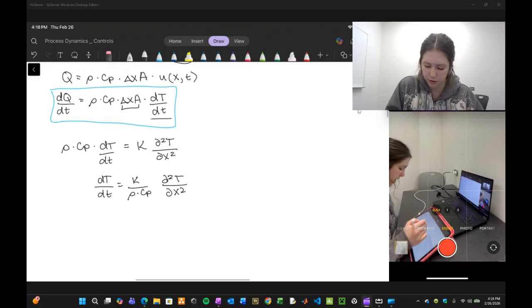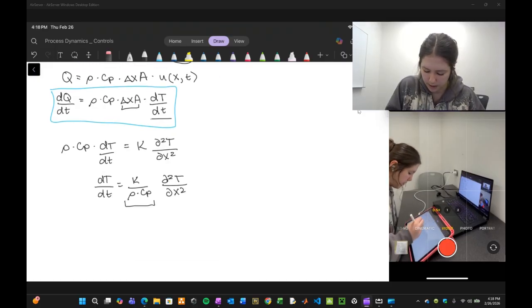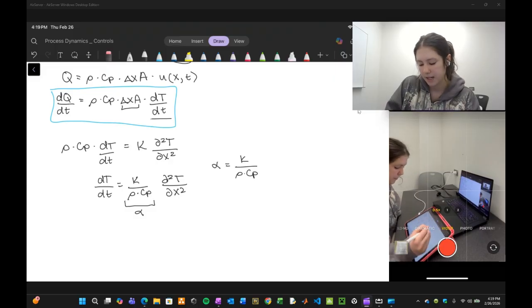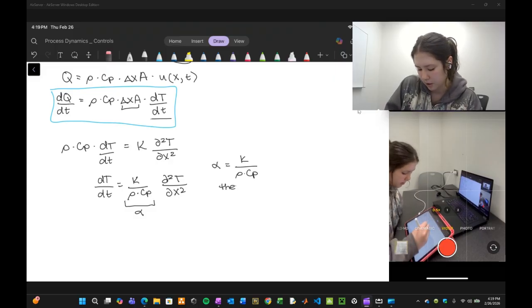And we will actually call this term alpha. So alpha is equal to K over our density times our heat capacity, and this is actually our thermal diffusivity.